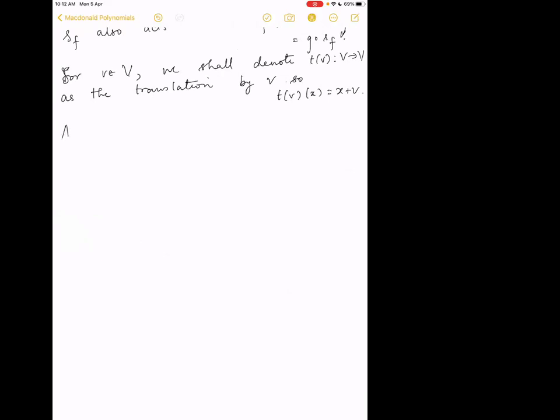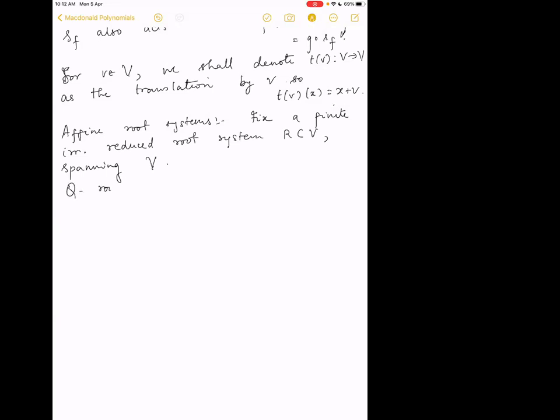So affine root systems: fix a finite irreducible reduced root system contained in V, spanning V. And I'll have some notation.